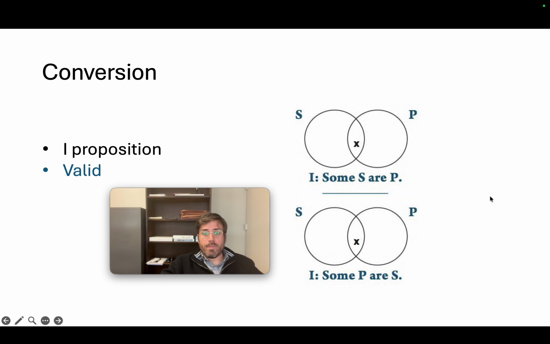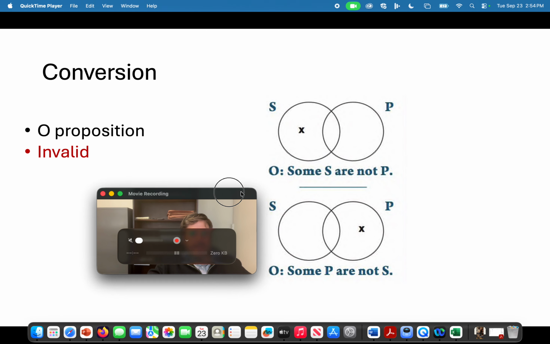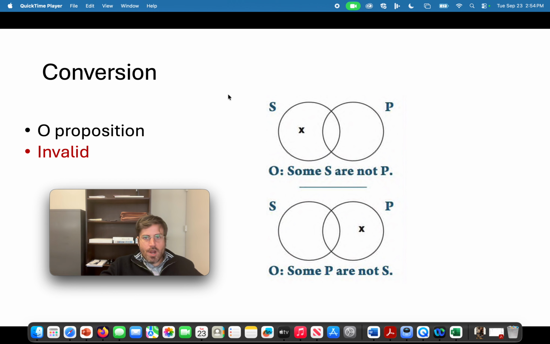Okay, so try to familiarize yourself with the Venn diagrams for these moves. Now, why is conversion never valid for O? Well, if we look at how they're placed on the Venn diagram, we have a particular in region 1, some S are not P, right?